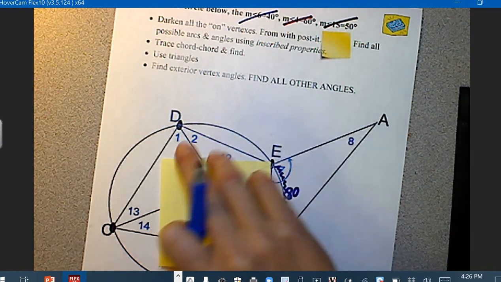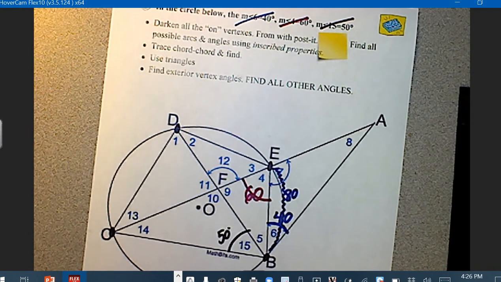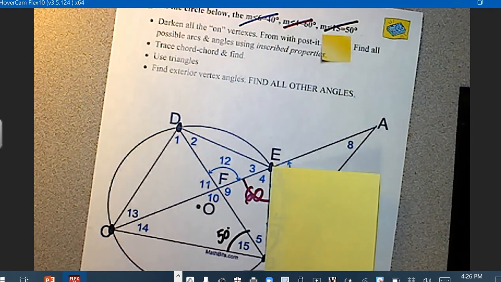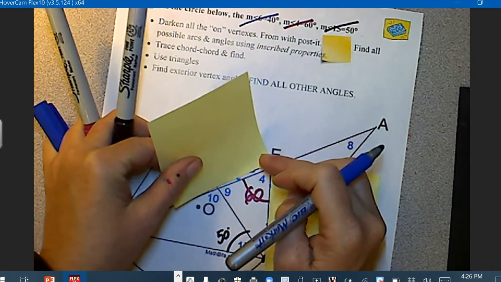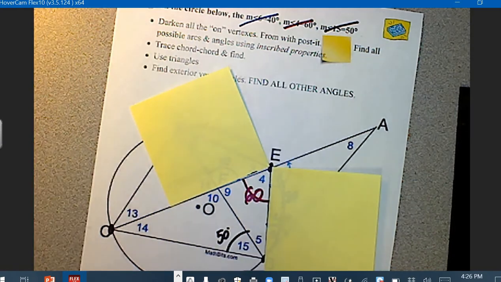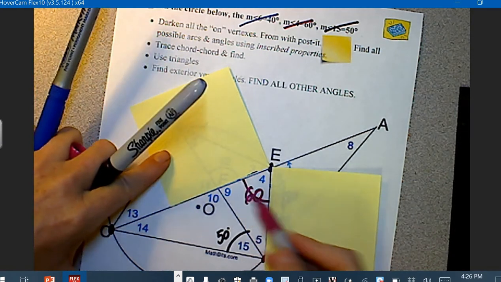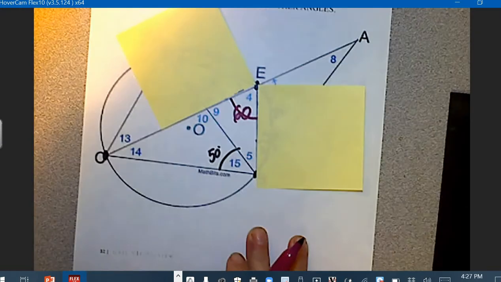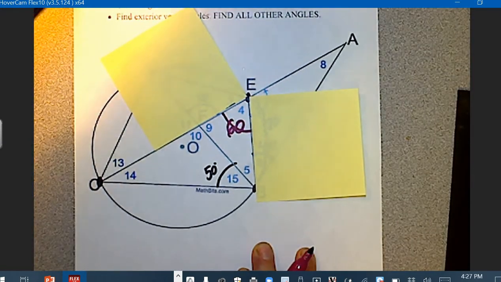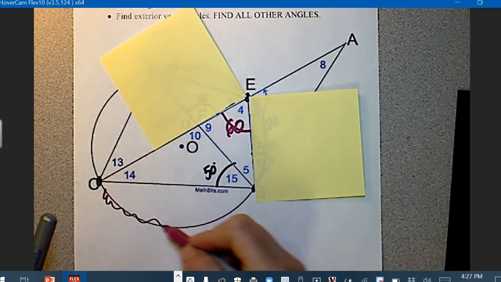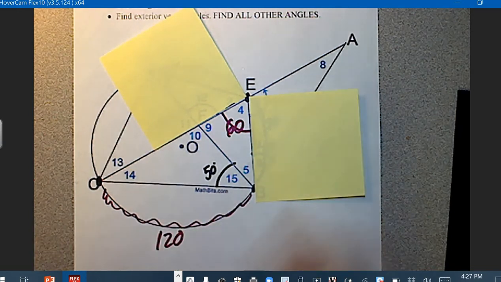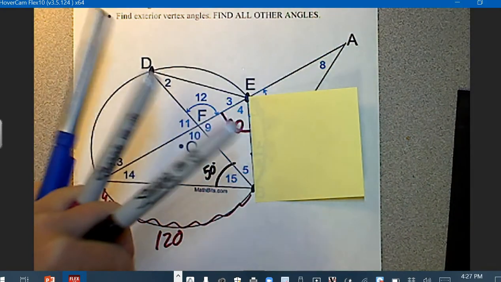Keep that in mind. Okay, now I'm going to walk around what I have. I did angle 4. Angle 4 is an on. So if this is 60 back here, that makes this right here 120. I'm going to frame the 50 up.